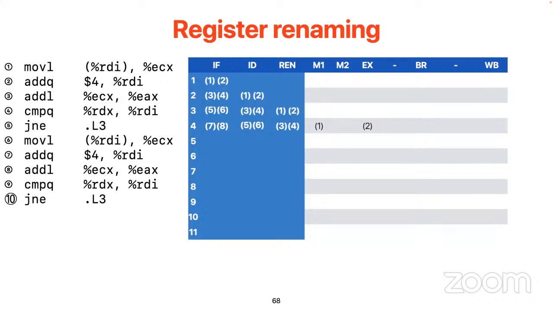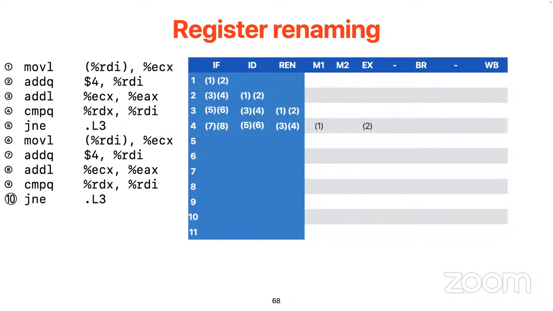So I think maybe there's a way we can think about it. First of all, each column of this table represents a different stage or functional unit of a superscalar processor.